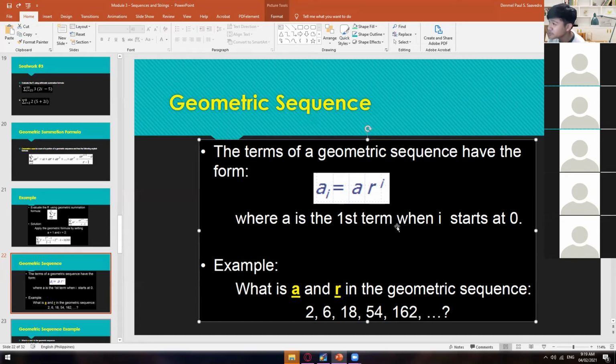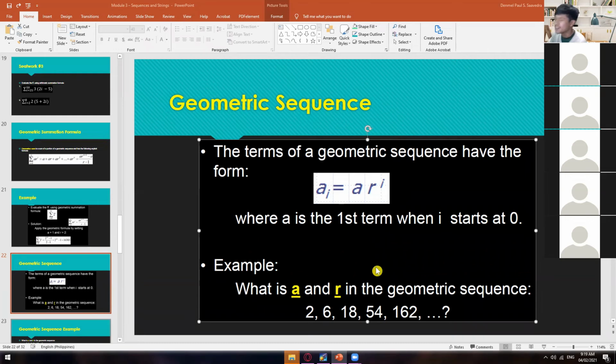Just apply his formula. Okay. Yeah, I said r is 3. Yung r daw po is 3. r is 3. I'm sorry. Okay. Someone chat. So, sir, last term.